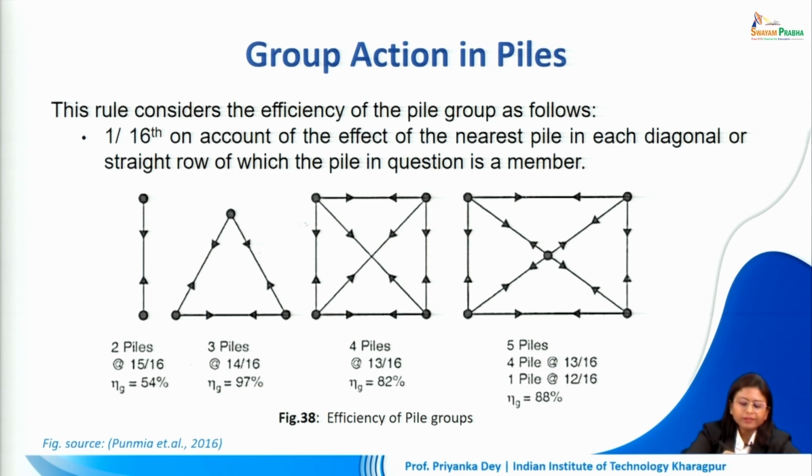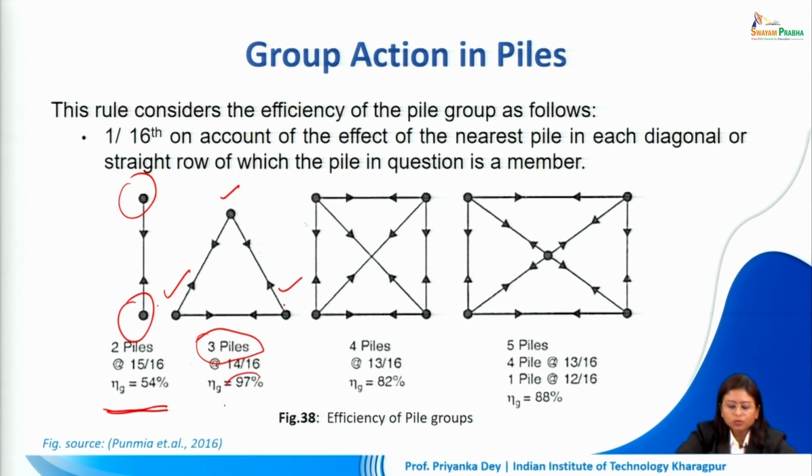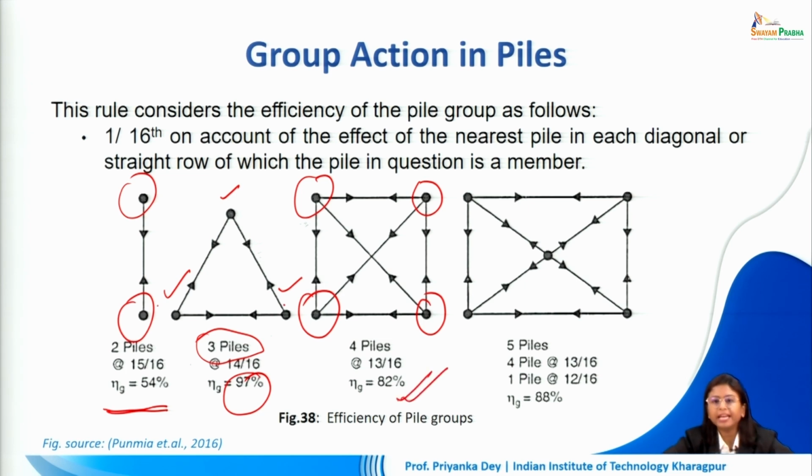So if we are having 2 piles in a group, the efficiency is going to come as 15/16, so 54%. If we are dealing with 3 piles in an arrangement, so it's a triangular arrangement, we have 3 here, so 97%. If we have 1, 2, 3, 4 piles, then that number will be 82%.